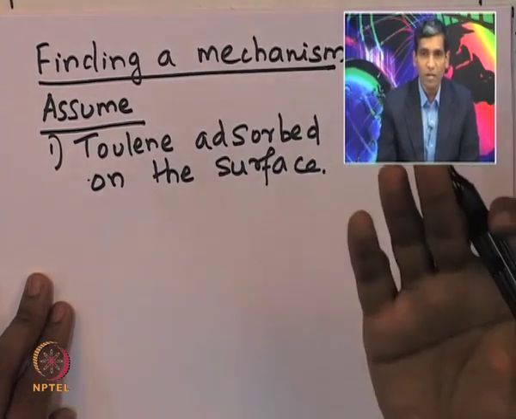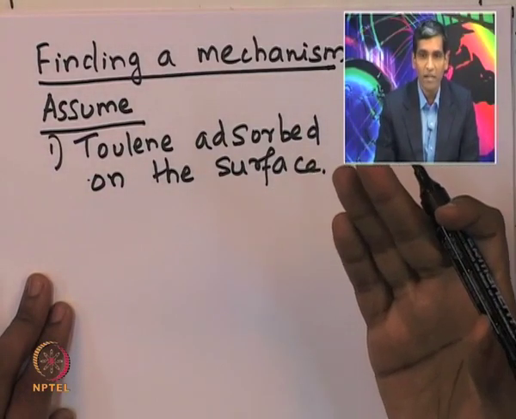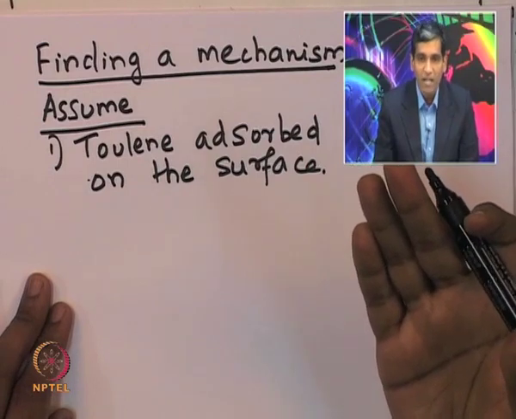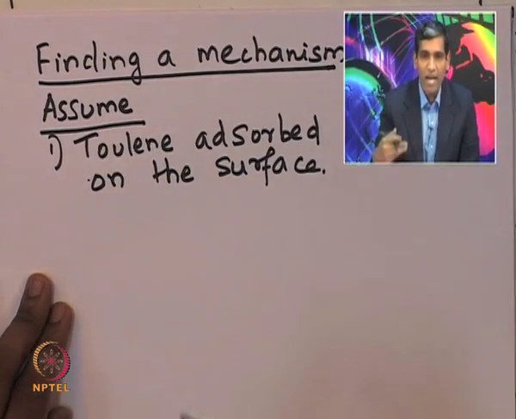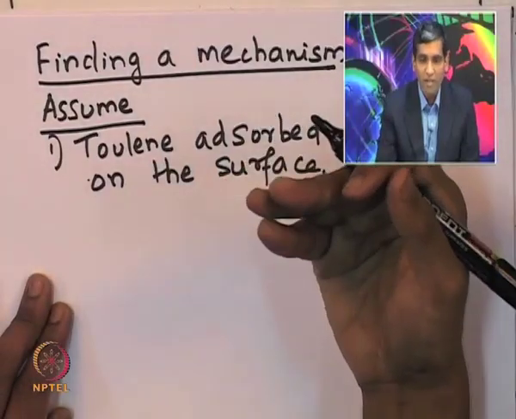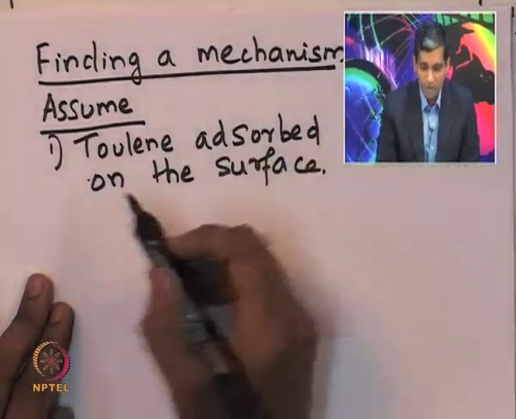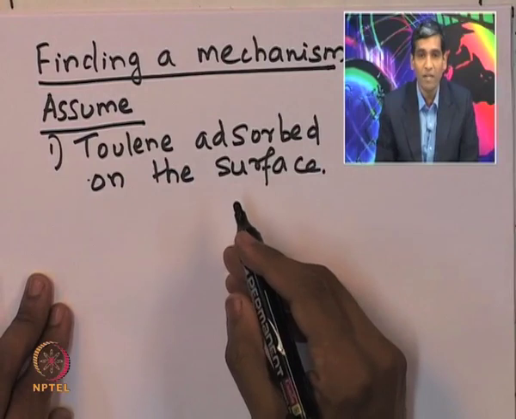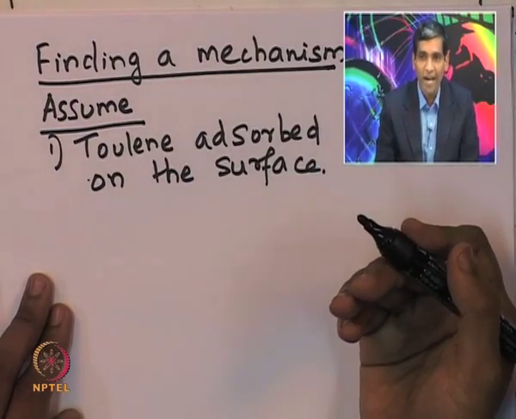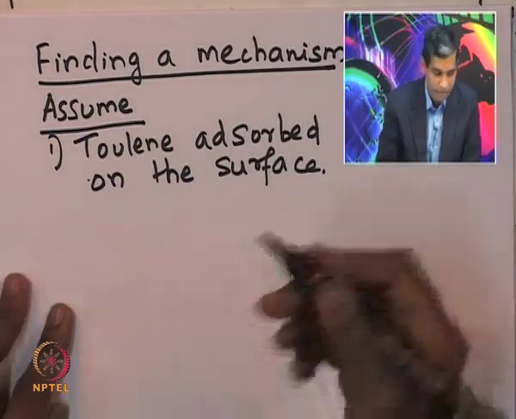However, at high partial pressures of toluene, the reaction rate almost remains constant, which suggests that the toluene must actually be adsorbed onto the surface. And so, based on that observation, we will make an assumption that the toluene is adsorbed on the surface of the catalyst at which the reaction is occurring.